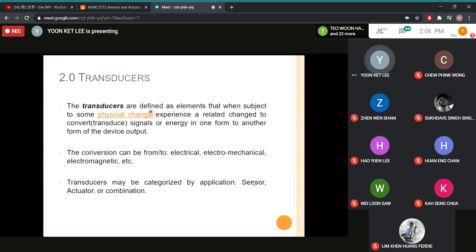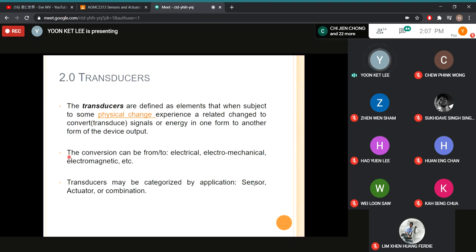The next term you need to know is the transducer. Transducers are defined as an element that, when subject to some physical change, experiences a related change, converting or transducing the signal or energy in one form to another form at the device output.